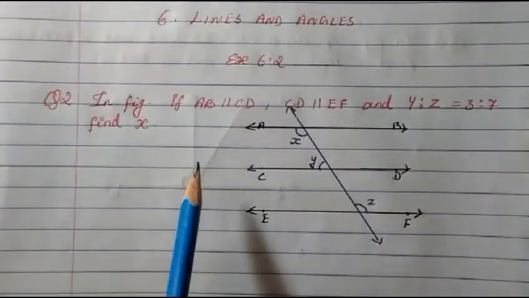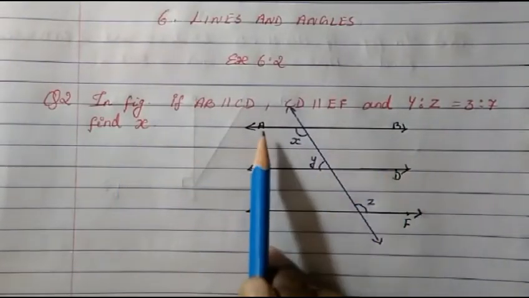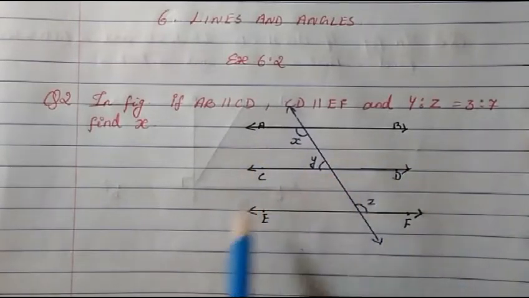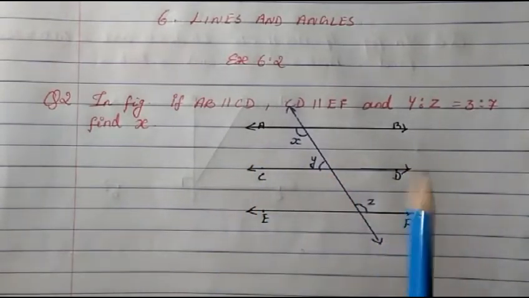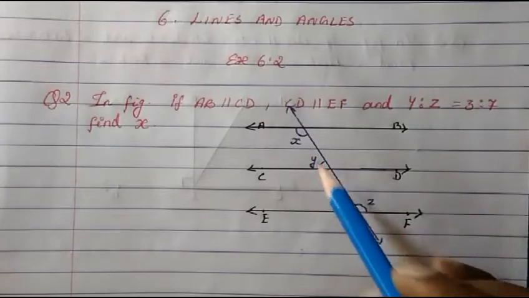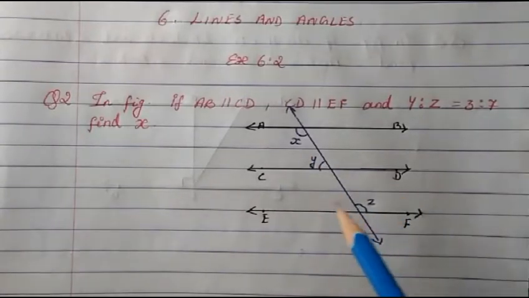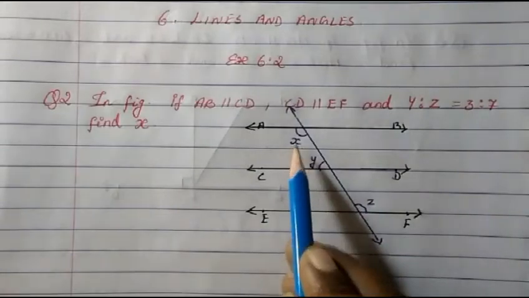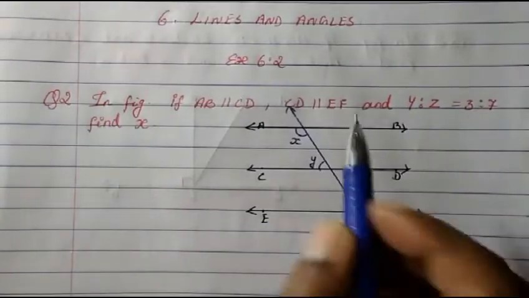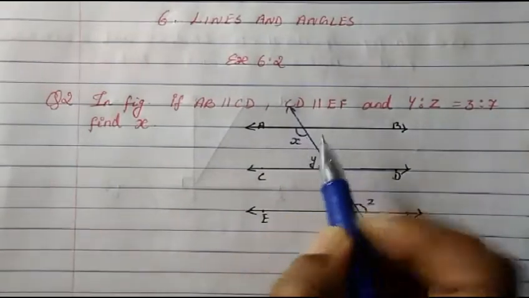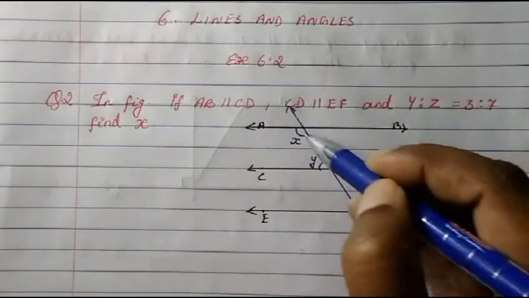So here in the question it is already given to us that the lines are parallel. If lines are parallel, then the pair of angles that are formed have to be equal to each other. Keeping that in mind, now we will find the value of x. First of all, let's write down. Here x and y are given to us.